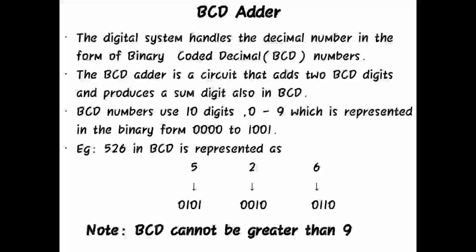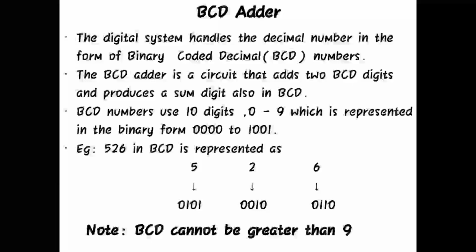Just like we studied the half adder and full adder, here also we are adding two digits. If you consider 0 to 9, we have two BCD digits that we need to add. The result we get should also be in BCD.